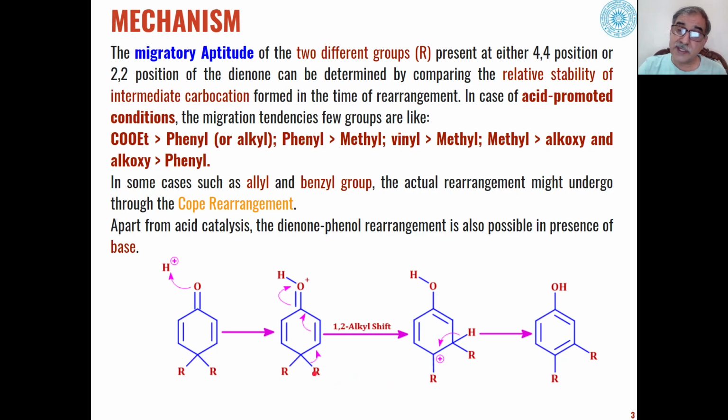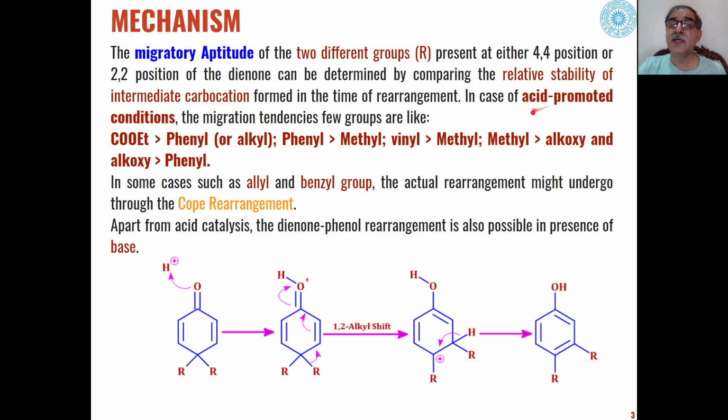So migration of that group will take place which stabilizes the formation of this carbocation. So the migratory aptitude of this group is dependent on the stability of this intermediate, which will ultimately lead to the formation of the product.